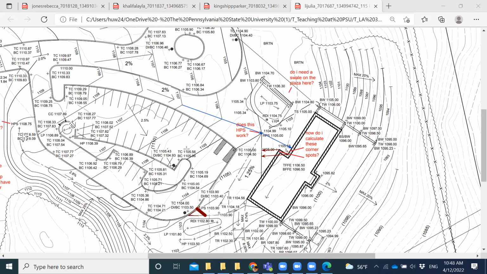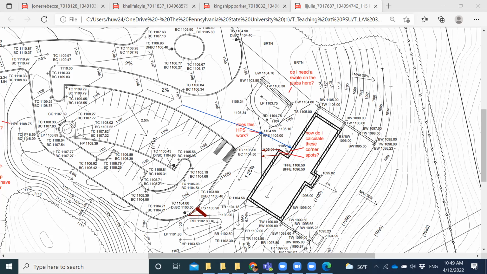So you could adjust to accommodate lower than 0.5 foot, half a foot. That makes sense.